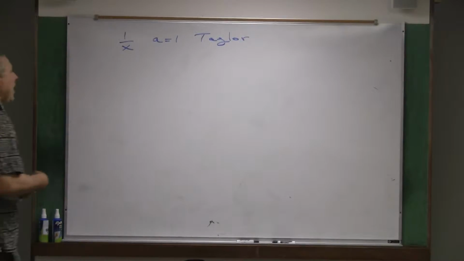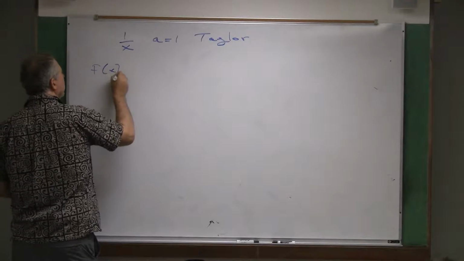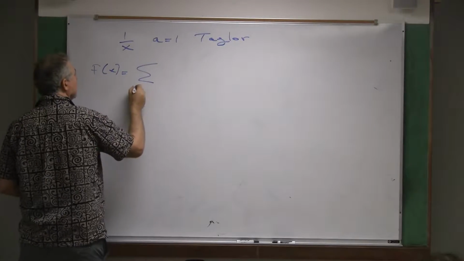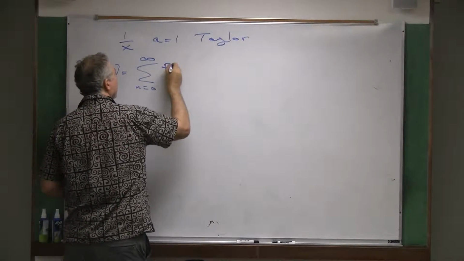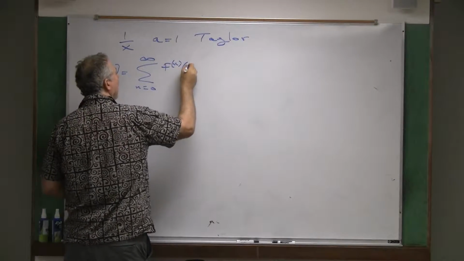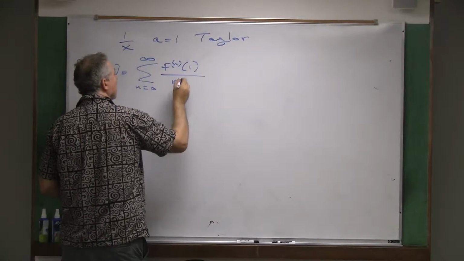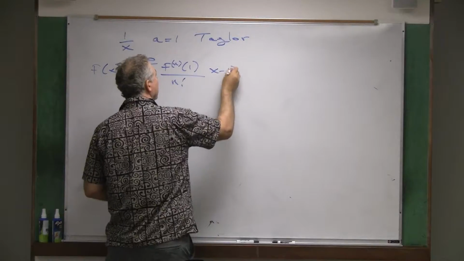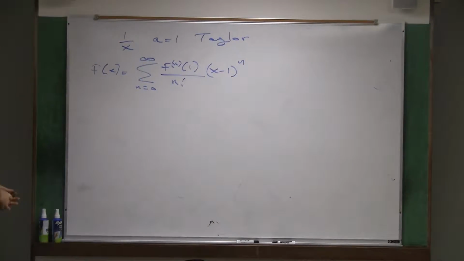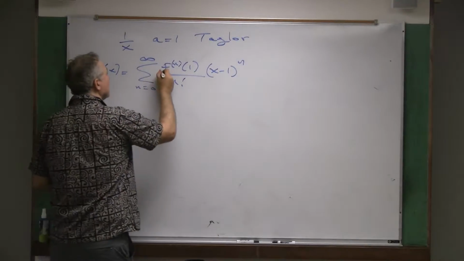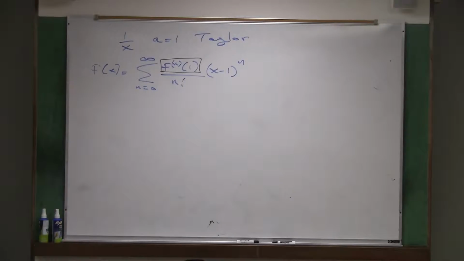You know it's going to turn out to be a series from n equals 0 to infinity of the nth derivative of 1 in this case over n factorial times (x minus 1) to the n. All you need to do is give me a pattern for this, and figure out where the pattern starts.